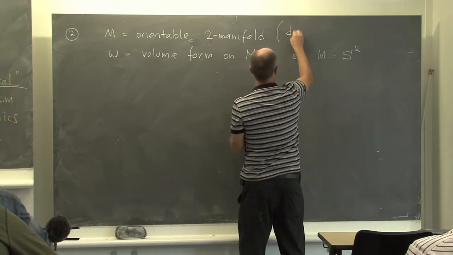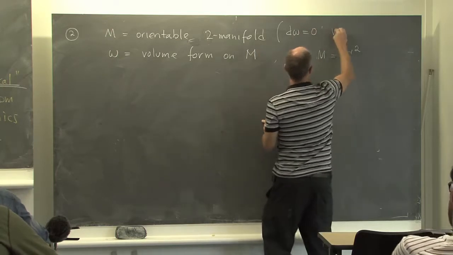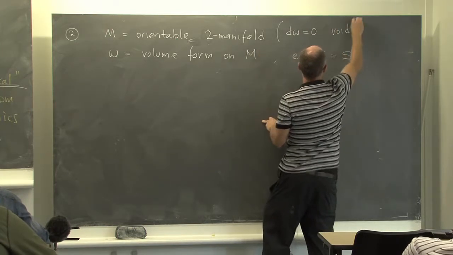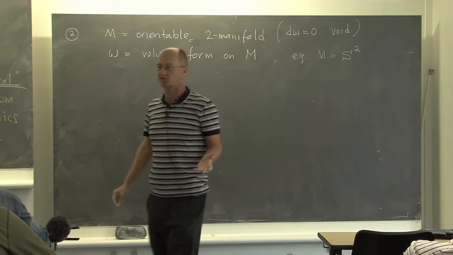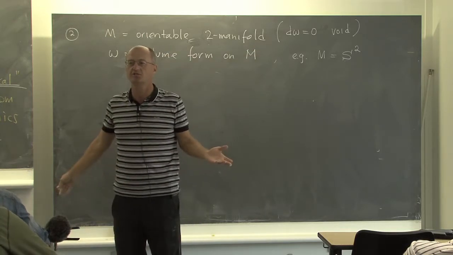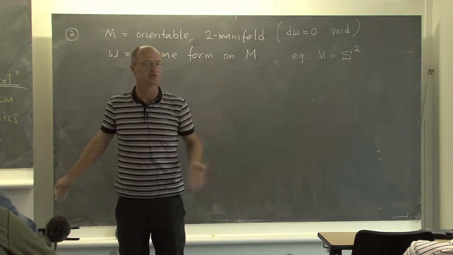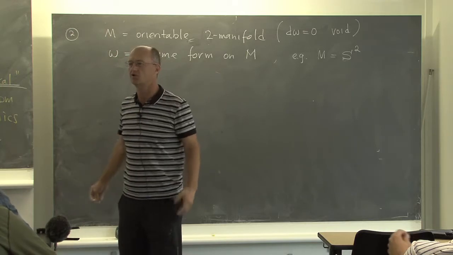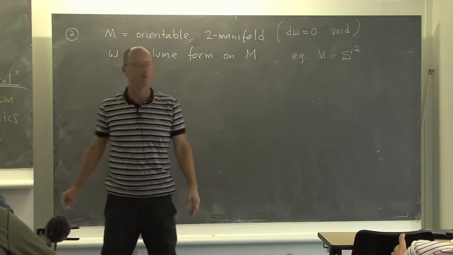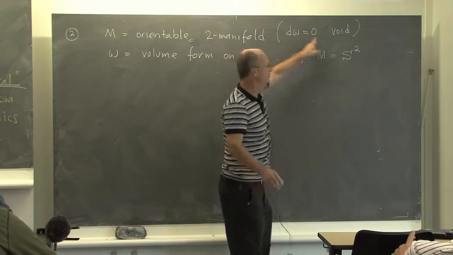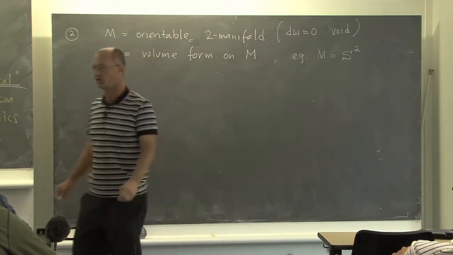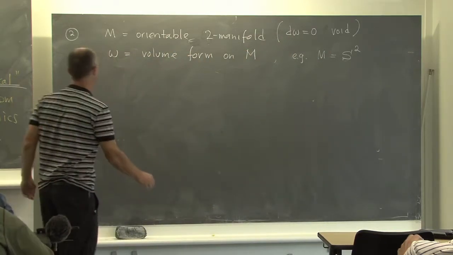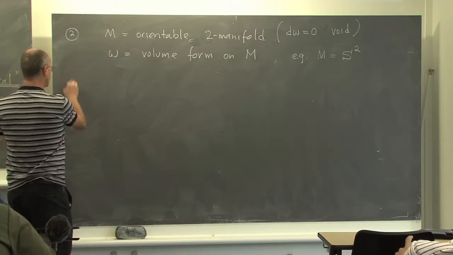That's because here the condition d omega equal to 0 is void, because d omega is always 0, whatever volume form you take, for dimensional reasons. So there is no constraint imposed by the de Rham differential on omega. So that's why it becomes so easy in the two-dimensional case.